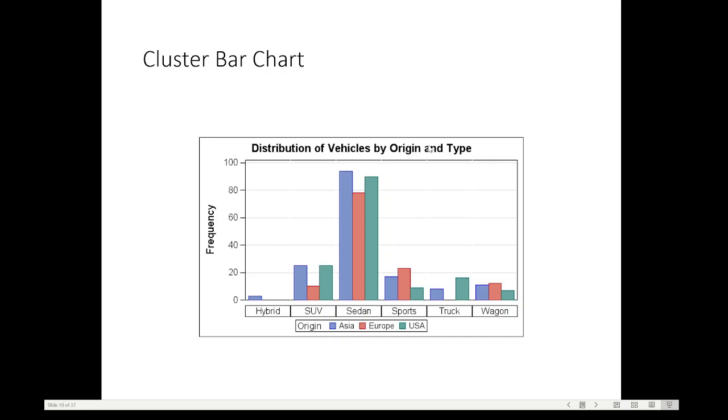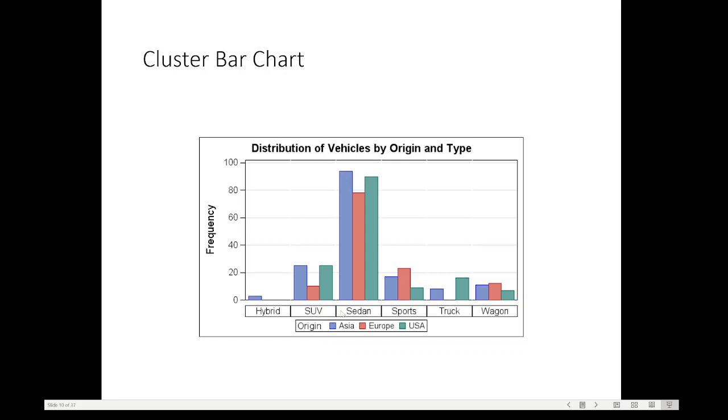So origin yang mana? So origin sama ada dia origin Asia, Europe or USA. And then the type will be either hybrid car, hybrid vehicle, the sport utility vehicle or the sedan, the sports truck or wagon. Okay, ni dia punya type. So basically the first level categories is this one.